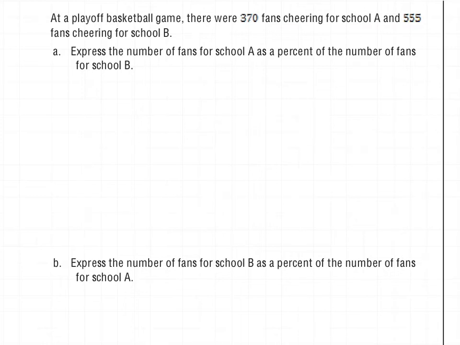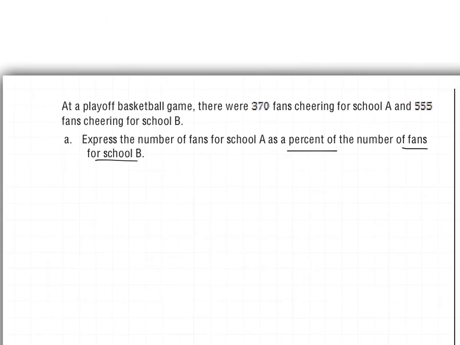All right, at a playoff basketball game, there are 370 fans cheering for school A and 555 fans cheering for school B. Express the number of fans for school A as a percent of the number of fans for school B. So we have the percent of the fans for school B, so that's going to make school B be our whole.